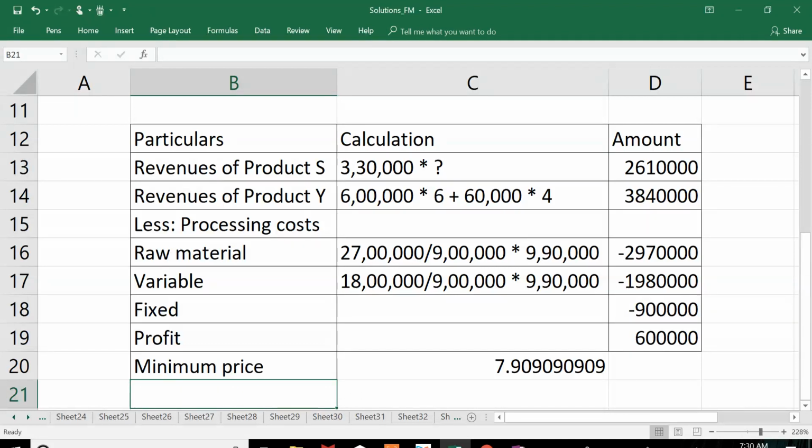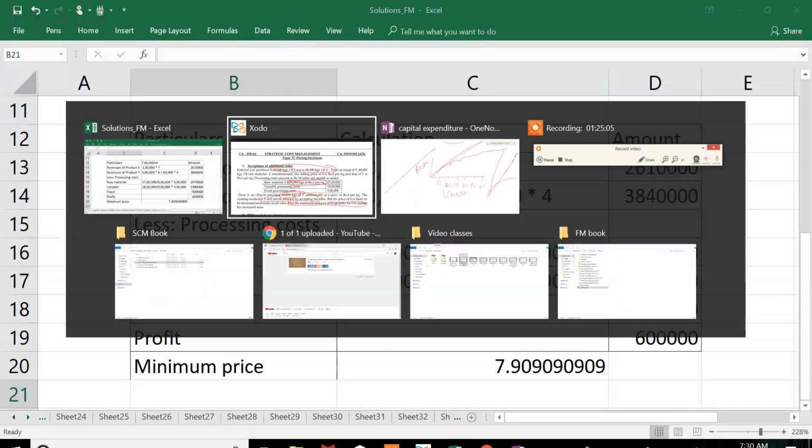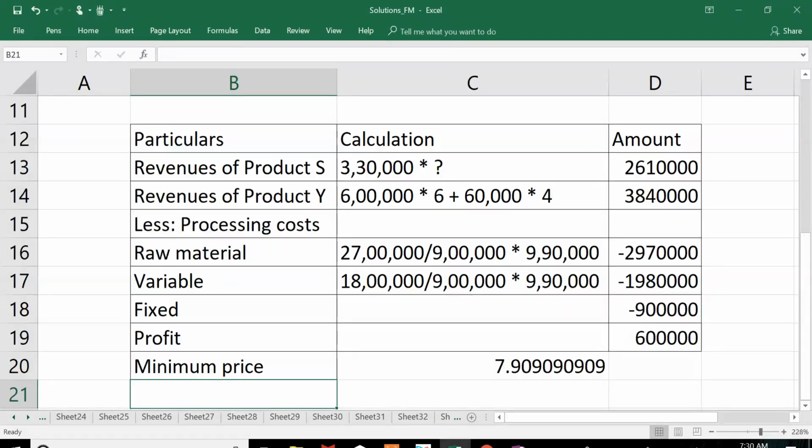Done? Can you proceed? Any doubts in this? Clear? 26 lakh 10,000 is a balancing figure. The minimum price is 7.91.